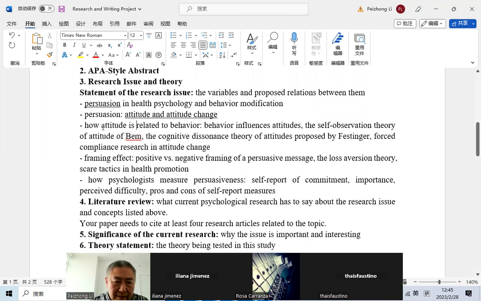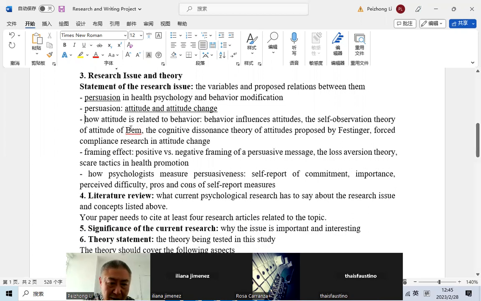And then in order to frame your research issue, in order to explain your research issues closely, you need to review some of the theories, the current understanding of this issue. Basically, a literature review will tell you what the current psychological research, or the current best understanding, is on this issue. And we want to build on top of that.